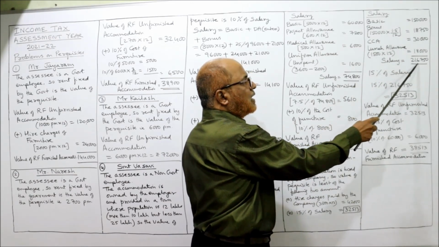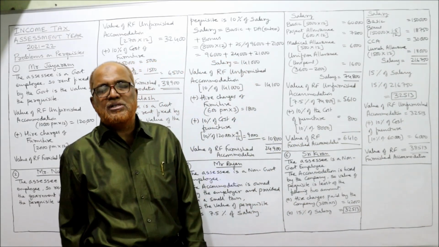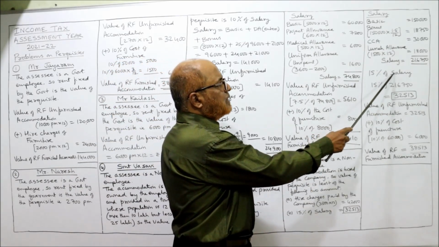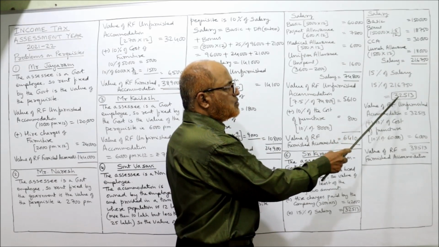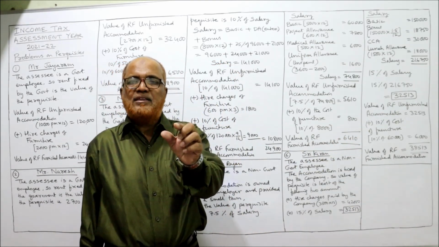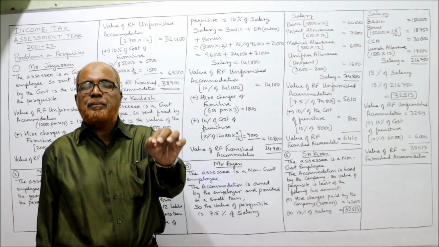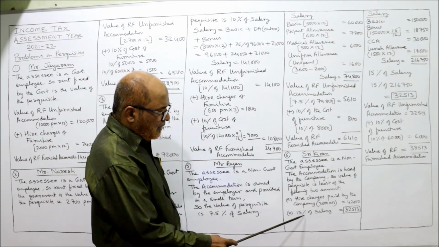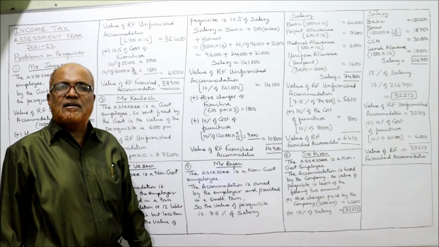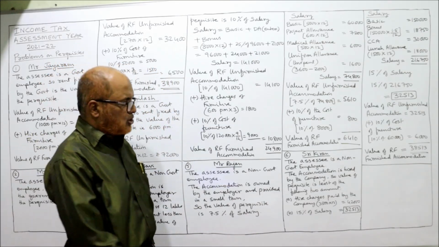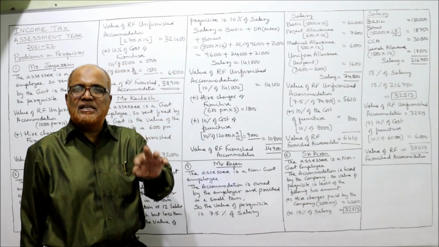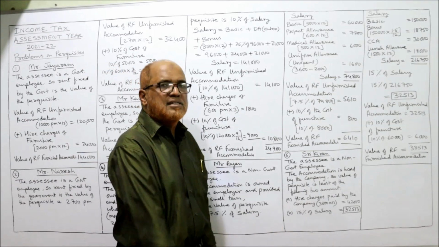The total salary comes to 2,16,750. 15% of 2,16,750 comes to 32,513. Here I have taken 15% of salary as 32,513. Now whichever is least, that is the value of unfurnished accommodation. 42,000 or 32,513, whichever is least. 32,513 is least.